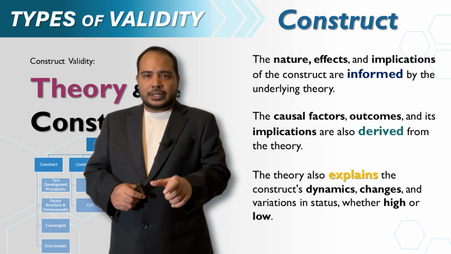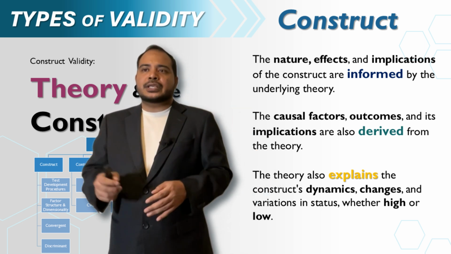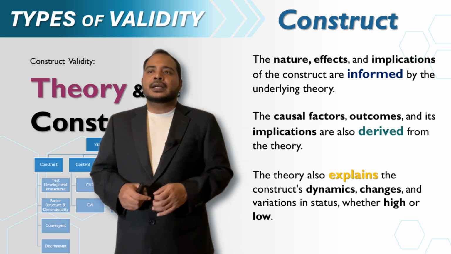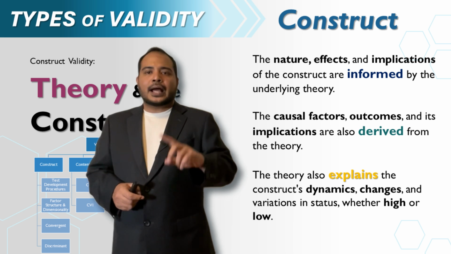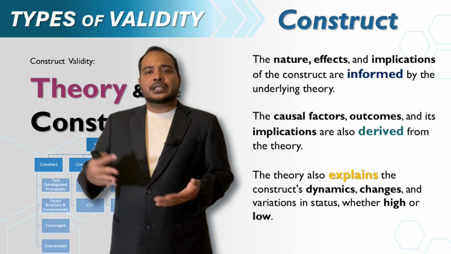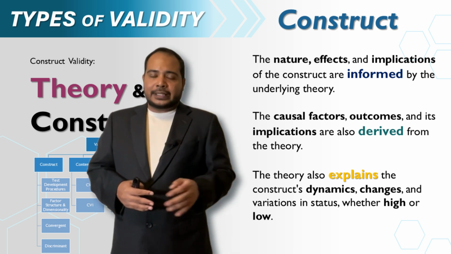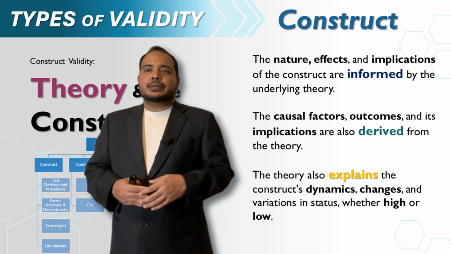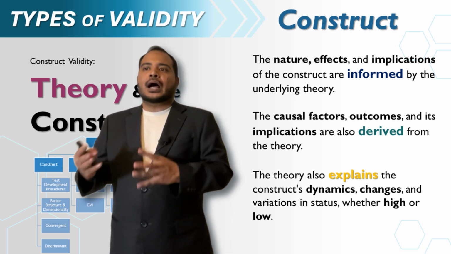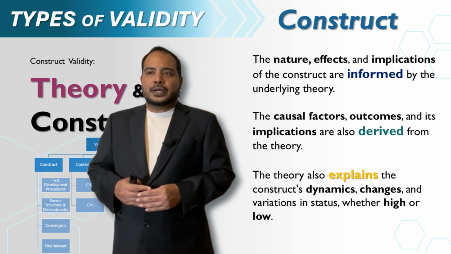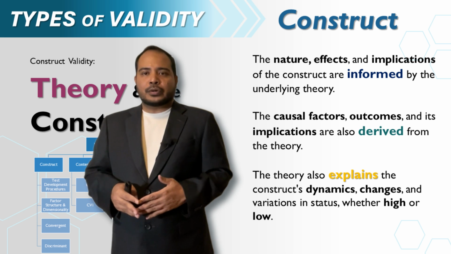Because the nature, the effects, and the implications of any given construct that we want to measure are informed by the underlying theory. Theory also gives us information about the causal factors, the outcomes, and the implications of the construct that we want to measure. All of these are derived from the theory.